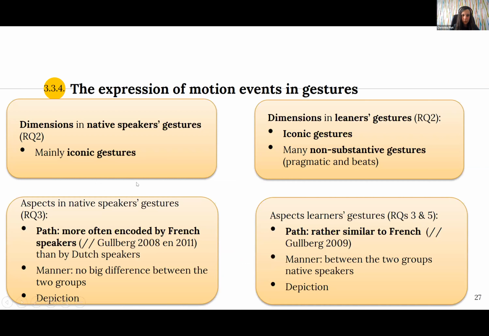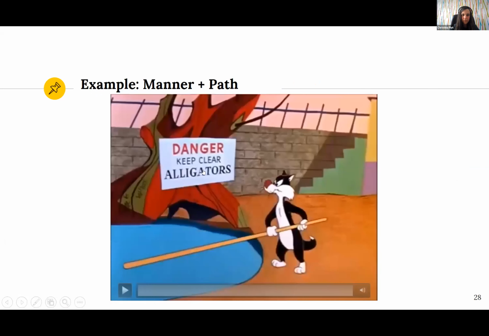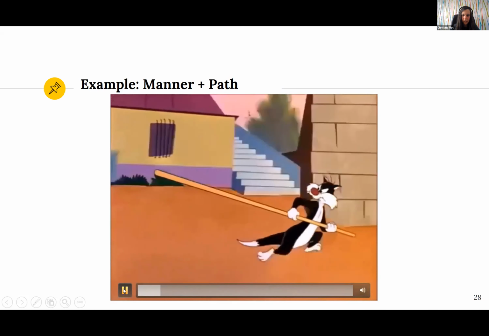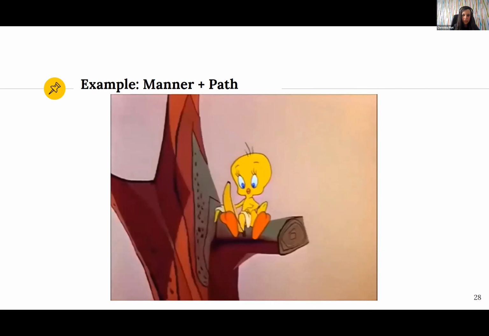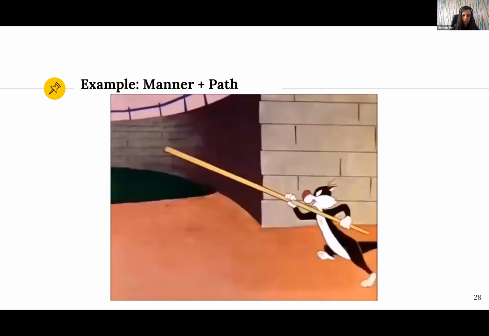So this is basically a summary of what I've just said. So I'll show you an example now. The learner had to describe this event of Sylvester who wants to go pole vaulting to catch Tweety.